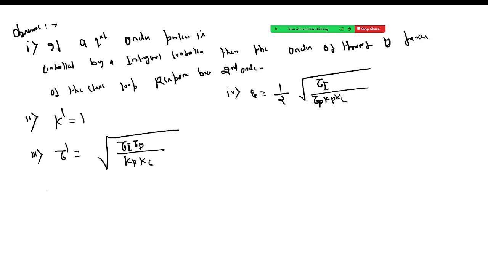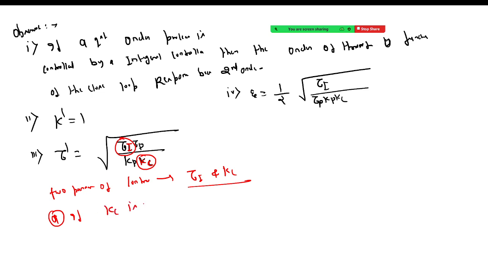Now, what happens? There are two parameters of the controller over here. One is your tau I, and the other is kc, the controller gain. So first case, if kc is constant and tau I is varying, then what will happen?